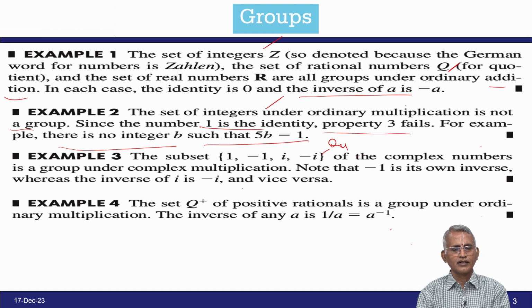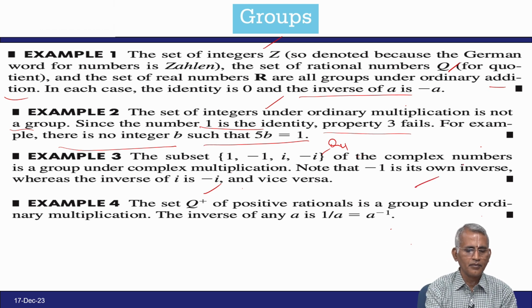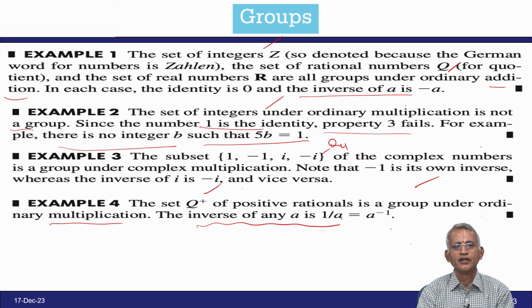The set of all positive rational numbers is a group under ordinary multiplication, because every element has the inverse, a and 1 by a, so a inverse exists, which implies the set of all positive rational numbers is a group.